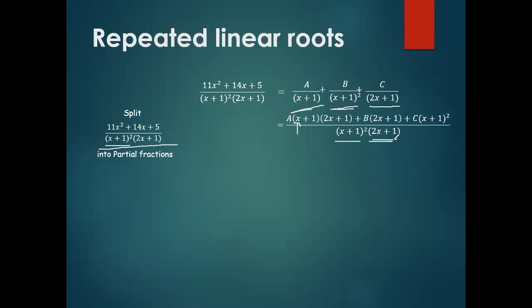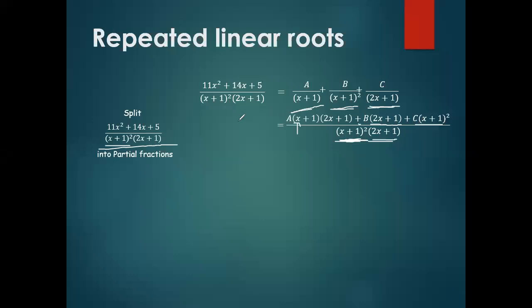That will be 2x plus 1. So we use that to multiply the numerator. That is why you have B times 2x plus 1. Then finally, denominator of C will go into these terms this number of times, which is (x plus 1) squared. So we use that to multiply C up here.